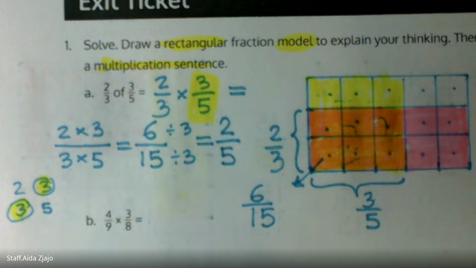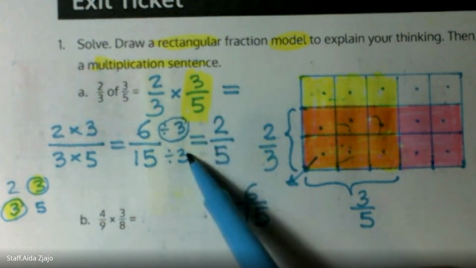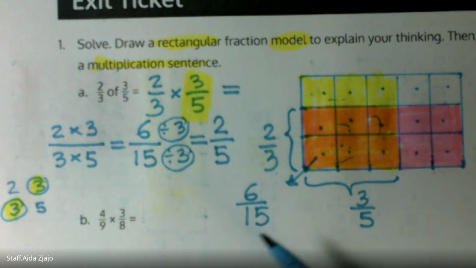How can we prove it on our picture? This division by 3 tells you on a picture that you can combine 3 pieces to make 5 bigger pieces.